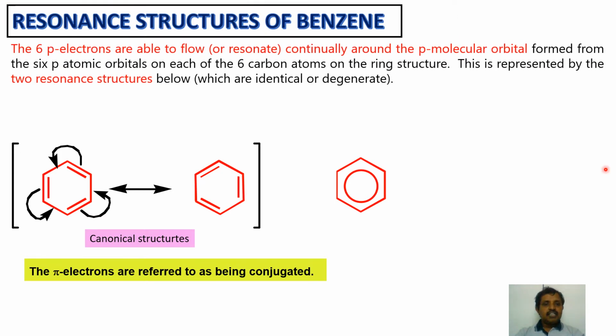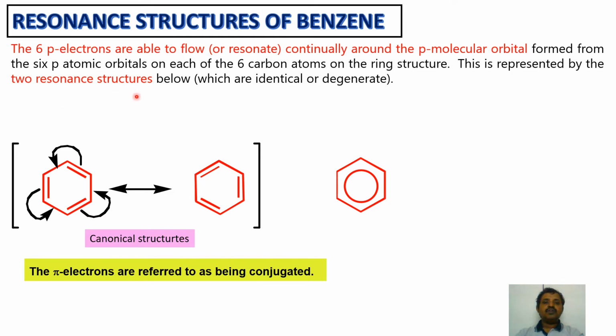Here, 6 pi electrons are able to flow or resonate continuously around the molecular orbital. These 6 pi electrons are moving continuously around the p molecular orbitals around the 6 carbon atoms in the ring structure.